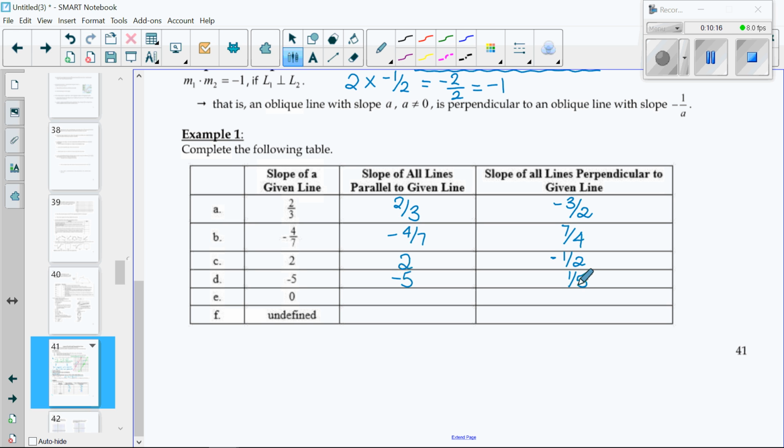If my slope is 0, so it's a horizontal line, all lines parallel to it will also have a slope of 0. Now, if my slope is 0, meaning it is horizontal, the line perpendicular to it will have to have a slope that is undefined.